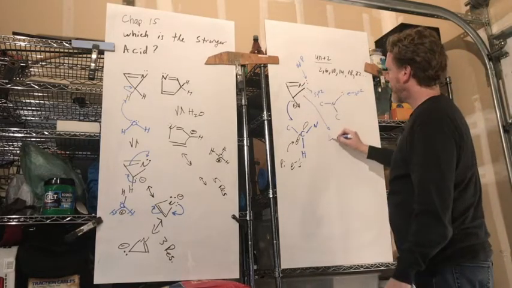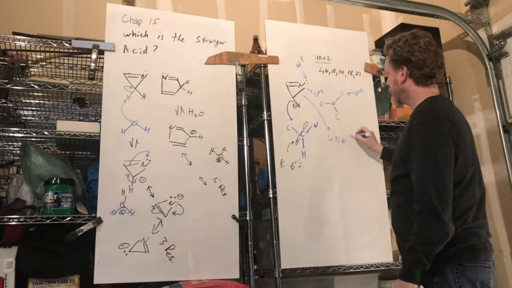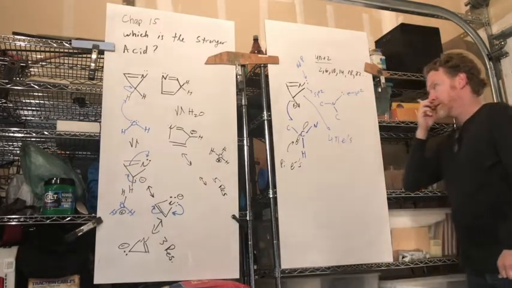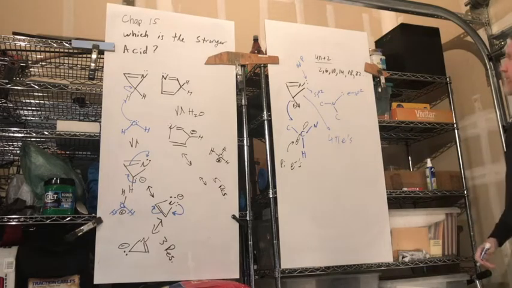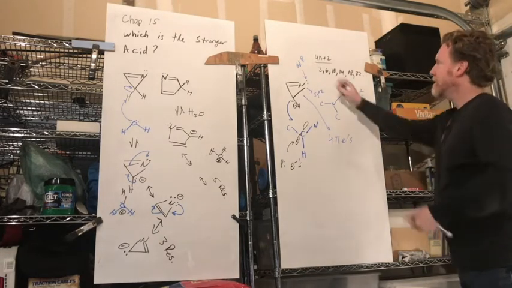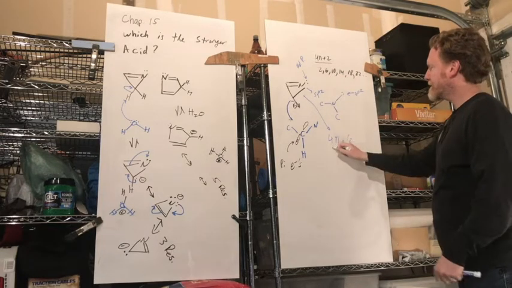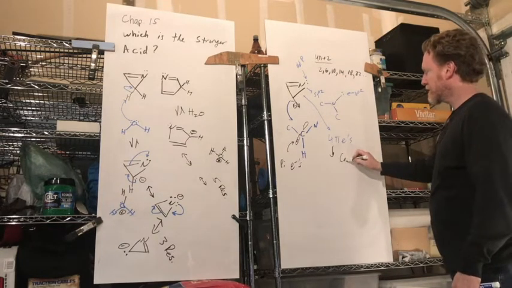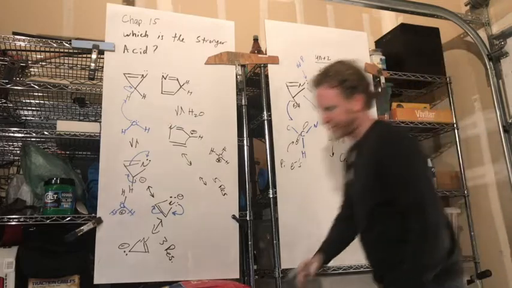I will count those. So how many pi electrons does this have overall? 2, 4 pi electrons, if we go with this. So would we want to have 4 pi electrons? Does that make the molecule aromatic? No, it doesn't. This means it could be anti-aromatic.